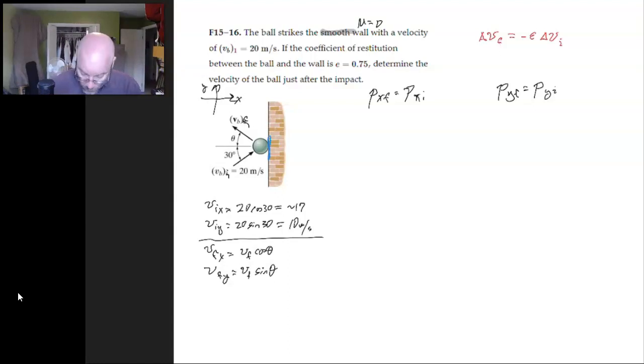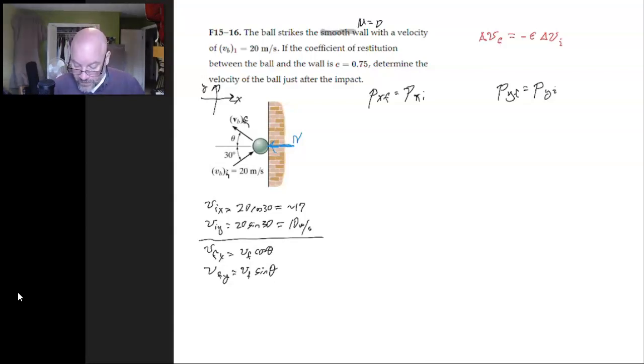All right, the only force that we have at work here is the normal force from the wall, and that's going to change the x velocity. So our y velocity is preserved, but our x velocity is not. So what I did was align the x and y based on what was going to be preserved and what was going to have to change.